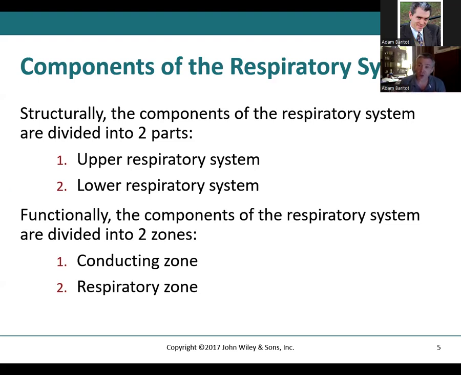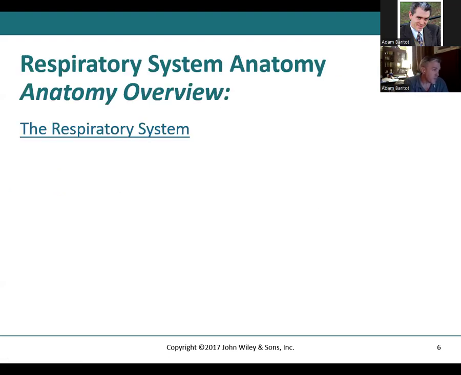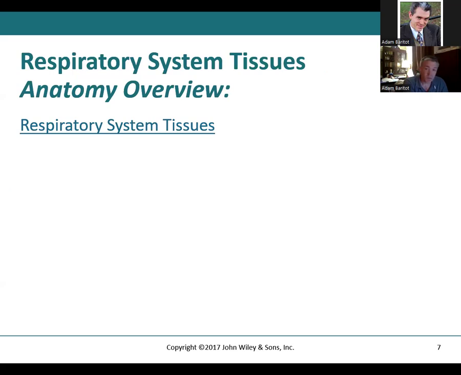Actual respiration occurs in the respiratory zone, which is in our alveoli within our lung tissue. So upper respiratory is generally conducting, lower respiratory is, in fact, respiratory. And there are some links for you to follow on your own time to study a little bit further.